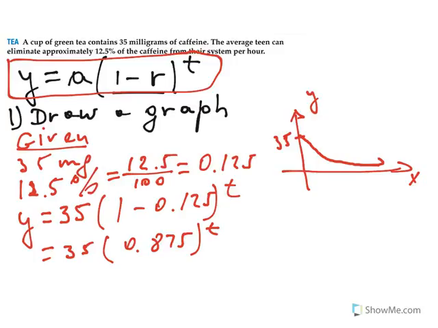What do you think we're going to put on the x-axis to label the graph in the context of the problem? Since we are dealing with time, on the x we are going to put the time, or t. And for the y, what do you think the y is going to be in this case? The y is the amount of caffeine that we have in the body.